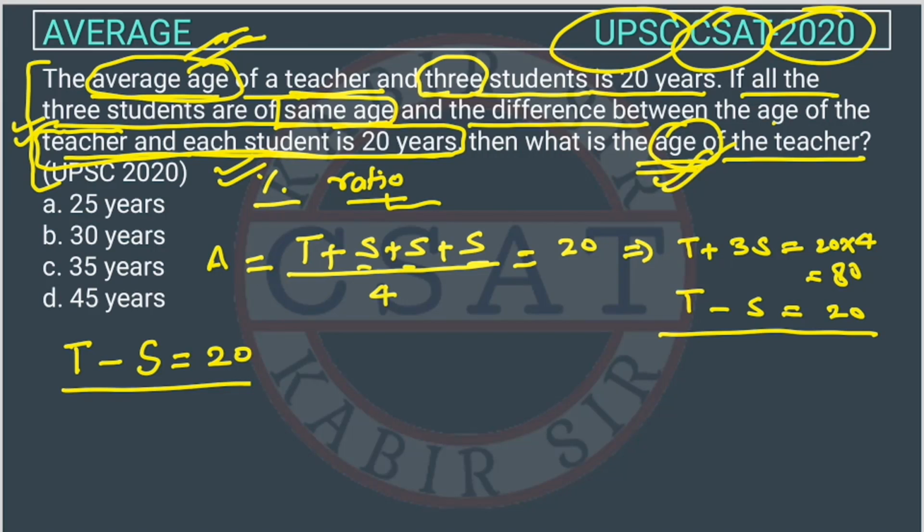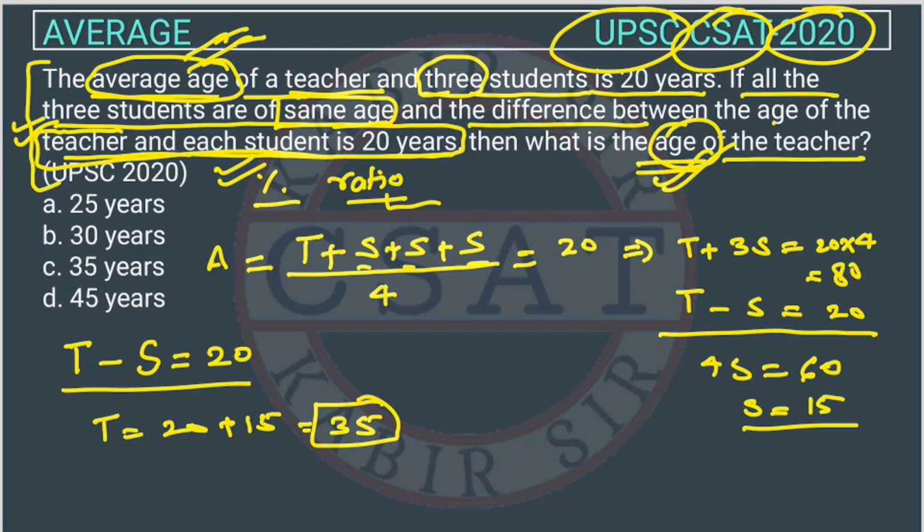If I subtract, it becomes 4s is equal to 60, so s is equal to 15. If I put the value of s here, t is equal to 20 plus 15, which is 35.